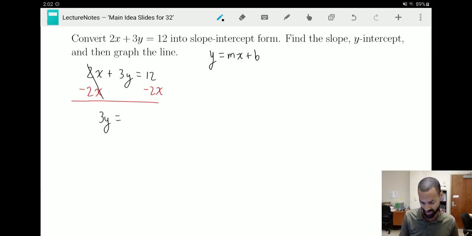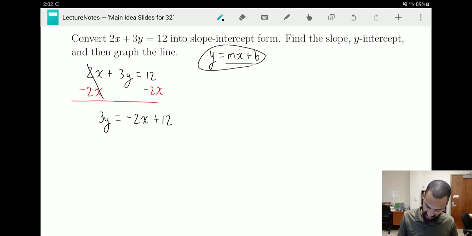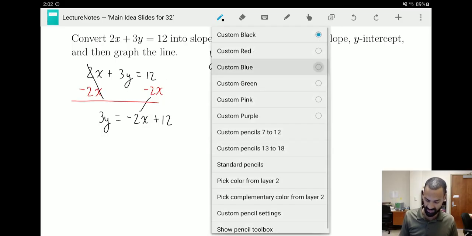Put the negative 2x before the 12. Don't put 12 minus 2x. You could do that technically, there's nothing wrong with it, but we want it to look like this as close as possible. So notice the variable term x comes before the constant term b. So we'll do that here. We just bring them down, negative 2x and a positive 12. Now divide everything by 3.